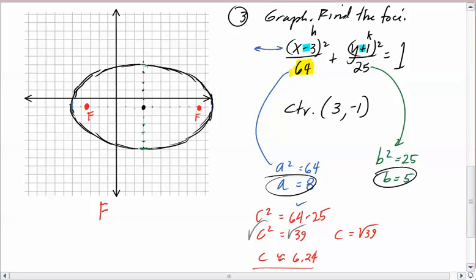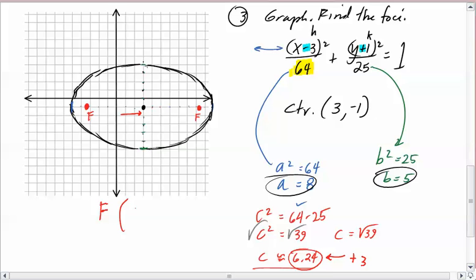Okay, so let's take a look at where these foci are, and you'll see the pattern. Here we go. So I know that I need an additional 6.24 past the origin. Past where my center is. The center is 3 to the right of the origin. So what I'm really wanting is to say, okay, the c plus the 3 that I had to go to get to my center.